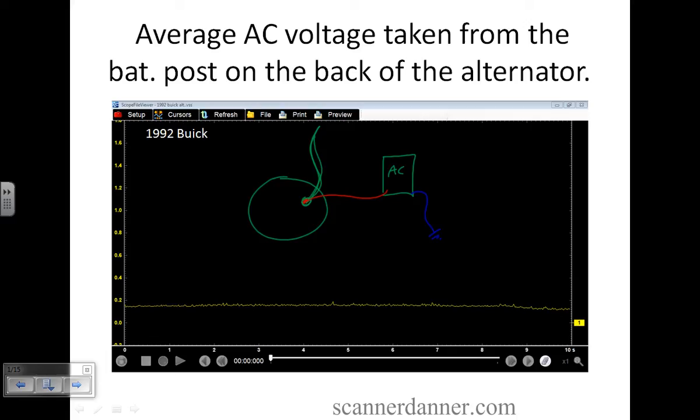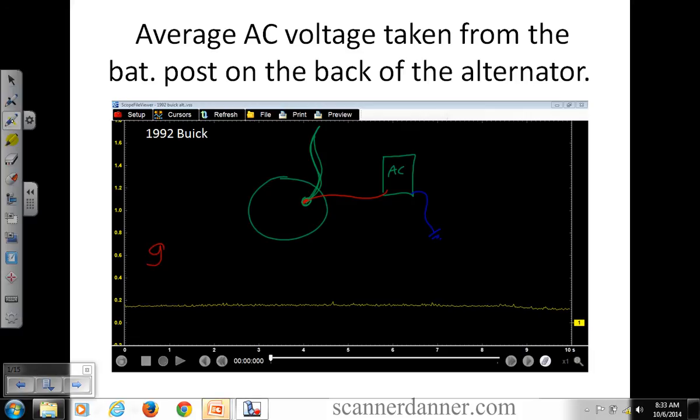Why did I pick this car? Because I wanted some known good ones. Okay, so this is an average voltage scale. This again is a graphed AC voltage signal.